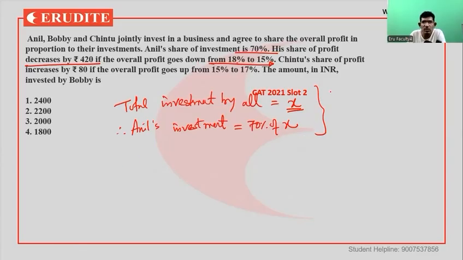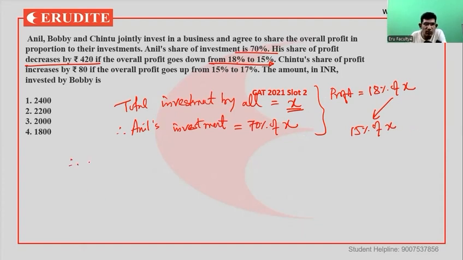Now, what is profit? The profit will be calculated on the investment. So if the profit is 18%, the value of profit is 18% of X. And if it goes down to 15%, then the profit value will be 15% of X.